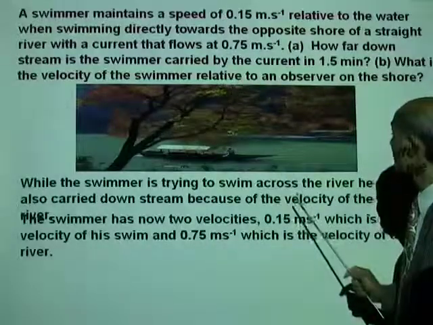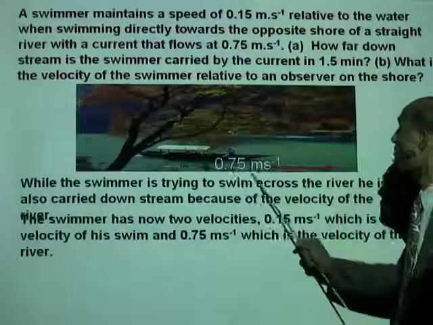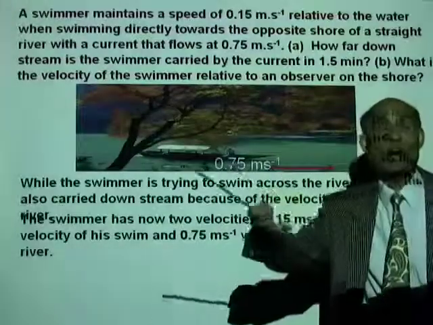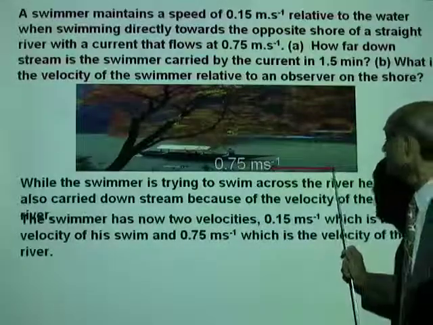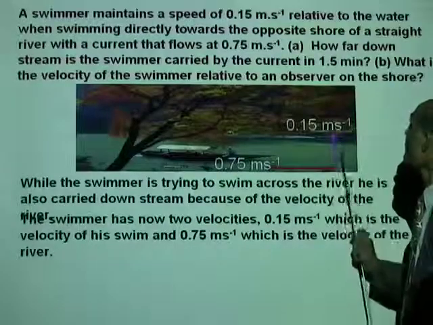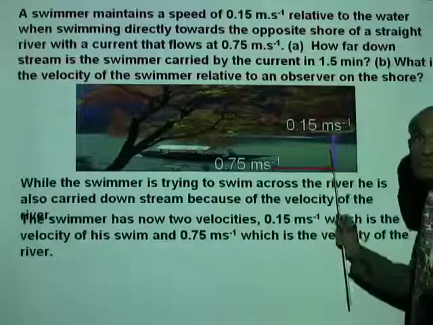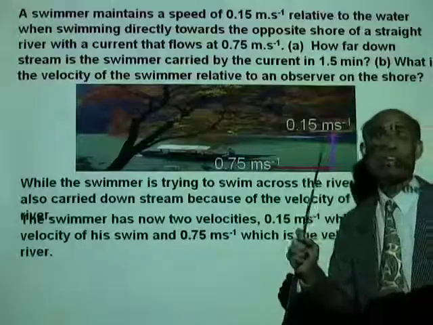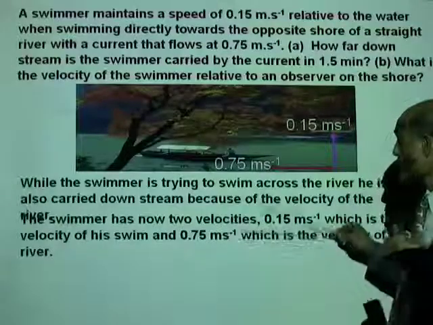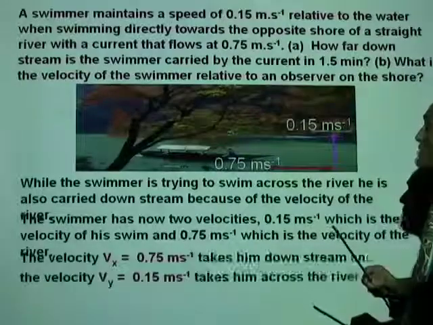Can I draw these? This is the velocity of the river, 0.75 meters per second. This velocity is imposed on the swimmer. And his own velocity is 0.15 meters per second. He is now subjected to these two velocities, and therefore his velocity as observed by an observer on the shore will be somewhere this way, the resultant of these two velocities.